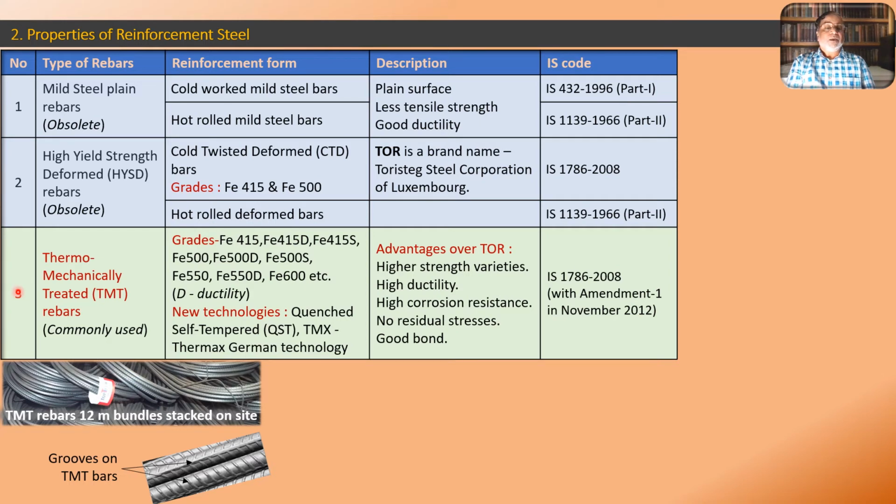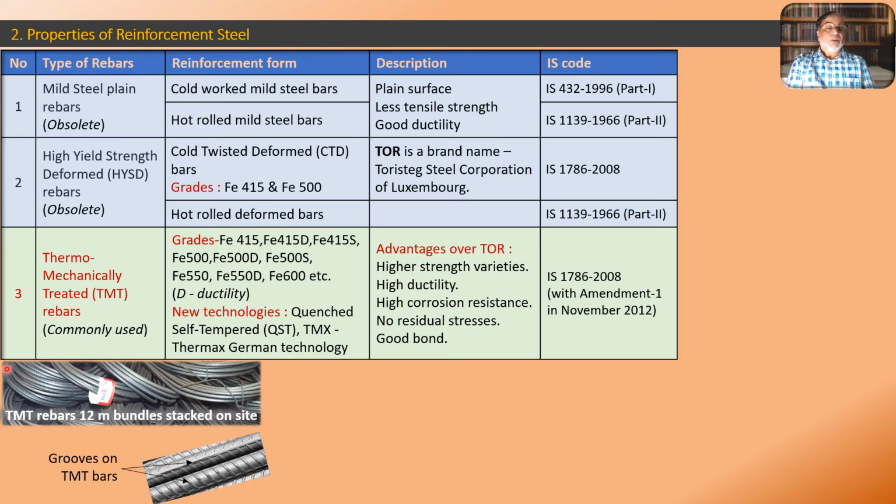So in this, Fe415D, then Fe500D, this letter D represents ductility. So Fe415 and Fe415D, what is the difference? Fe415D has all the other strength properties the same, but it is more ductile, so the ductility is more. So this is another variety, you can see.